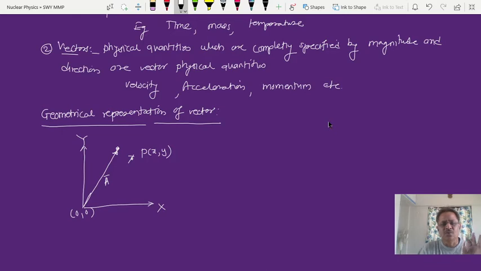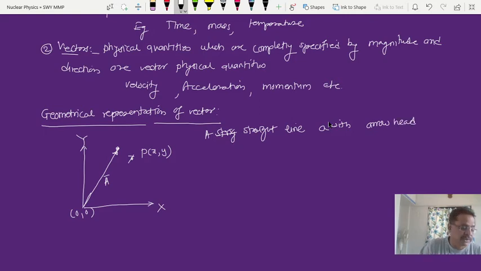Therefore, this is the way we can represent any vector: a straight line with an arrowhead. This represents a vector.